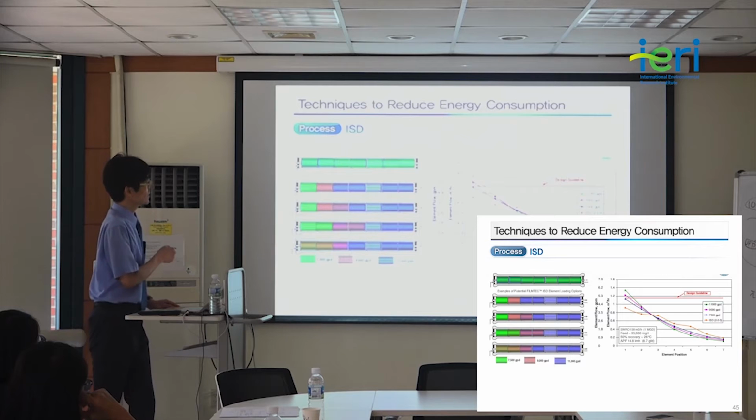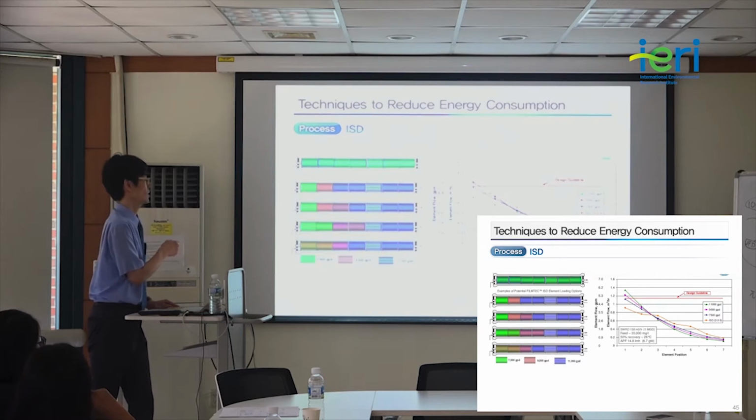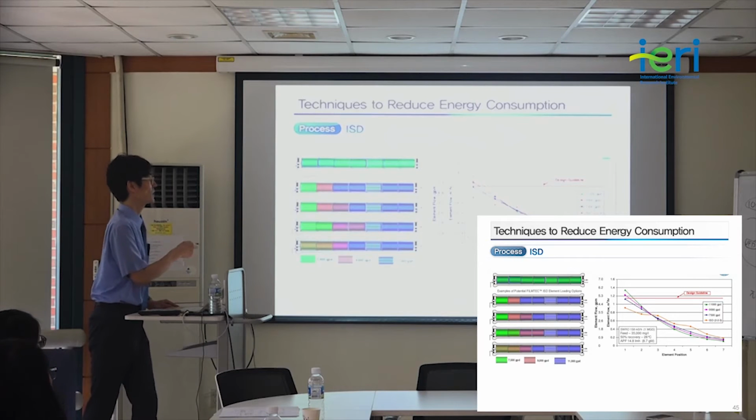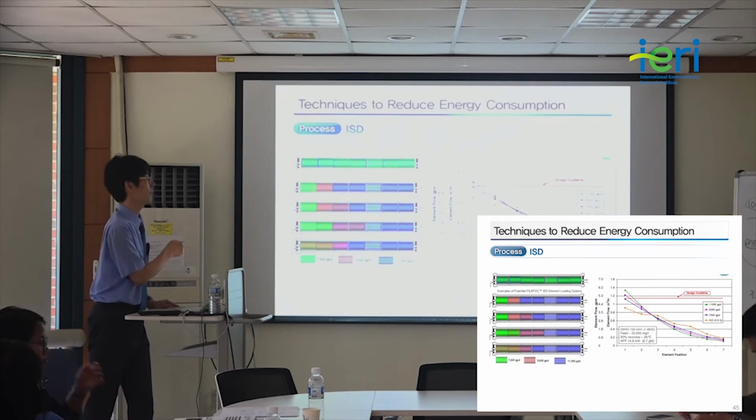And in fact, since the osmotic pressures are different along this vessel, it's not really possible to have the same flux or same product flow rate inside the vessel.